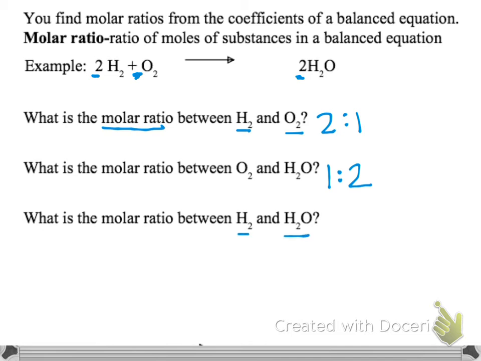So in your balanced equation, 2H2 and 2H2O, your ratio is 2 to 2. But we like to write it as simply as possible, and so 2 to 2 is the same thing as 1 to 1. And so that's what it means by mole ratios. You always use the coefficient, that big number in front, to tell you the ratio. And again, if there's no number, like in your O2, that means that there's 1.